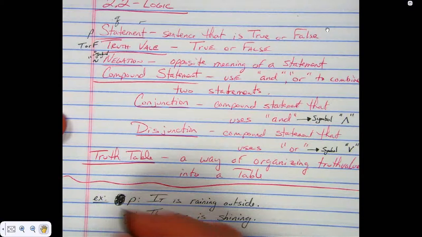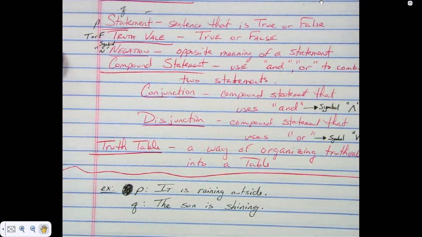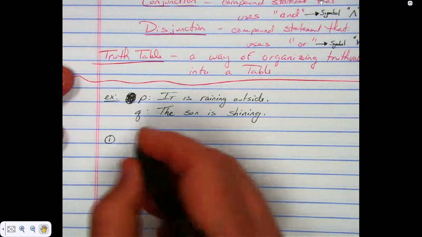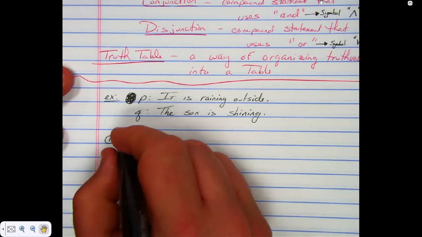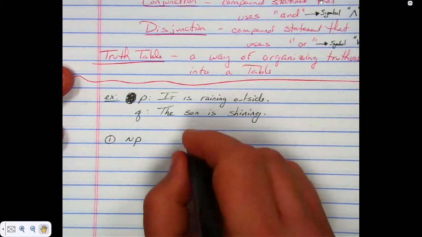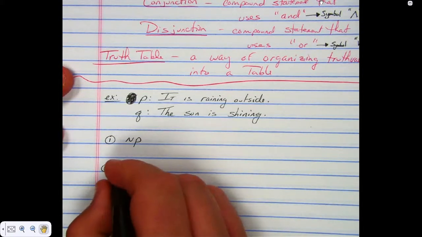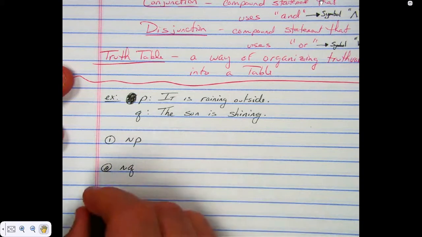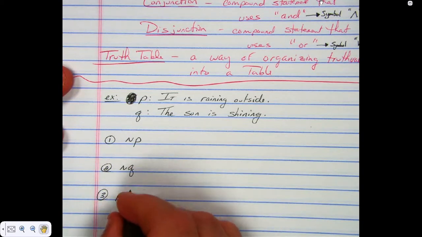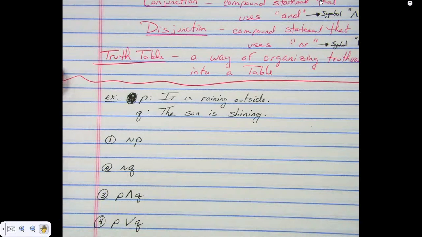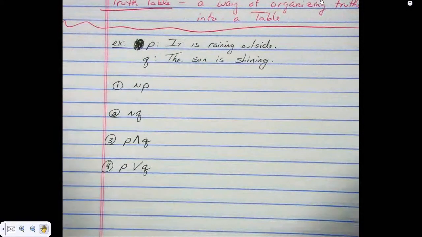For all the examples we're going to do, we're going to use this for P and Q. What I want you guys to do is write a sentence that represents each of these. Don't make this harder than what it is. See if you can do this right quick.